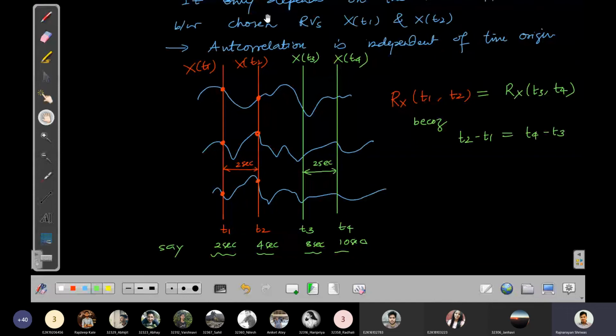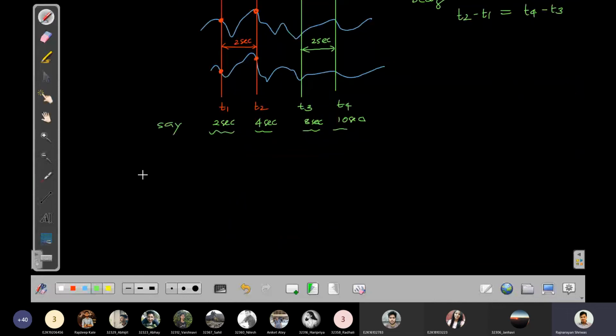And finally, what we saw was that mean square value is just a special case. I'm just repeating this sentence again and again. It's a special case of autocorrelation Rx(t1, t2). This is mean square value, which is x squared t, the special case of Rx(t1, t2). And what is the special case?